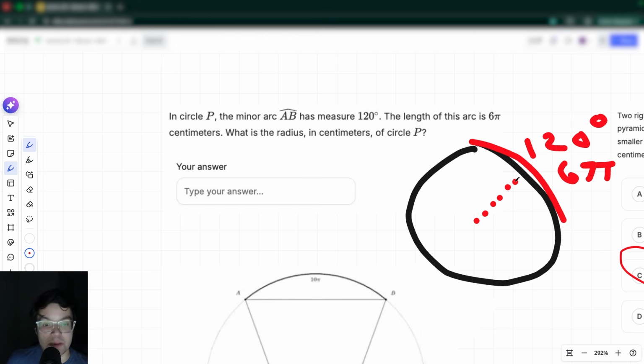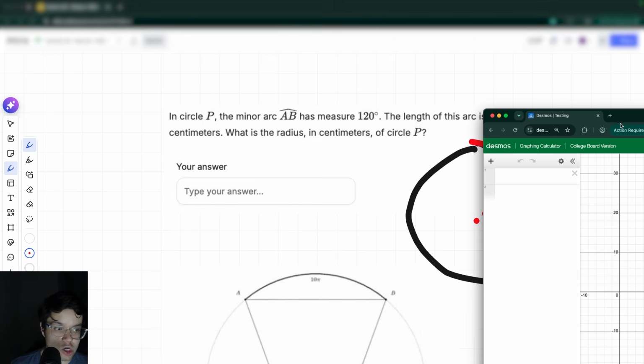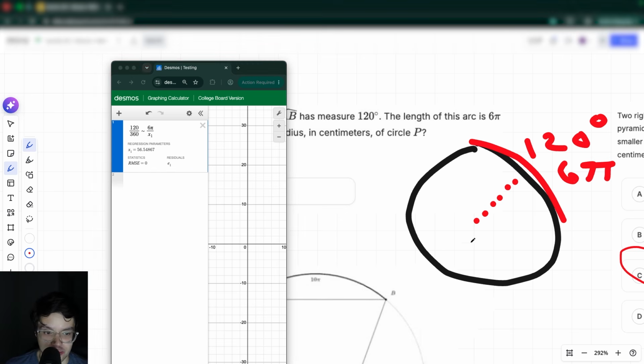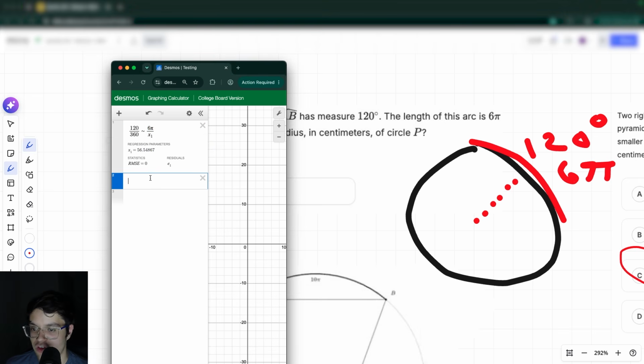And now we're trying to see here what would be the radius of the thing. So this is basically like the pizza example, but now we're just working backwards, I guess you could say. So basically we know here that 120 divided by 360 is equal to 6 pi divided by the full amount, which we don't know, so it could be x1. That's because the full circumference is what's being shown by the 360, and that'd be x. So x1 says here is 56.55, so I can do 56.55 there.